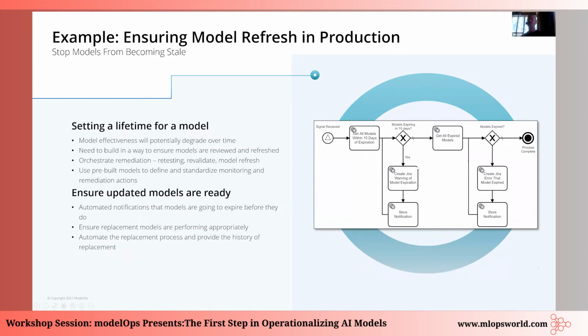And then finally, for the model life cycles, we're going to look at ensuring that models are refreshed within production. So we're going to set a lifetime for a model. Now we're going to use an artificially low number of 30 days for us.